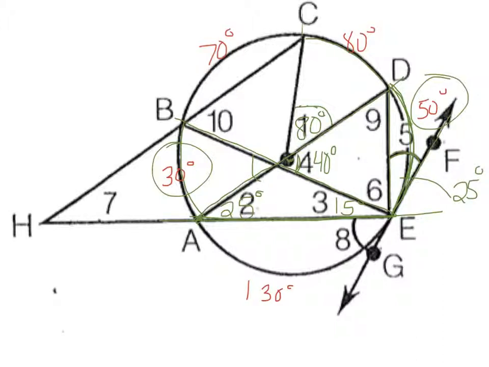All right, if we go to angle 6, I see angle 6 has its vertex on the circle. So we know it's half its intercepted arc. Its intercepted arc happens to be the 80 and the 70 here. So those go together. And 70 plus 80 is going to be 150. So if I cut that in half, then I know that angle 6 is 75 degrees.